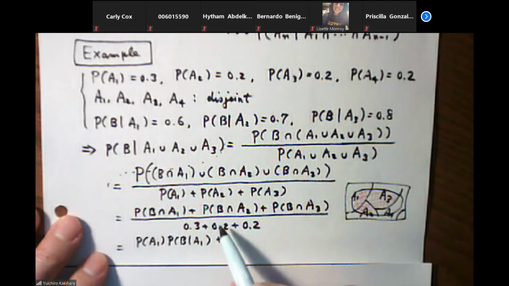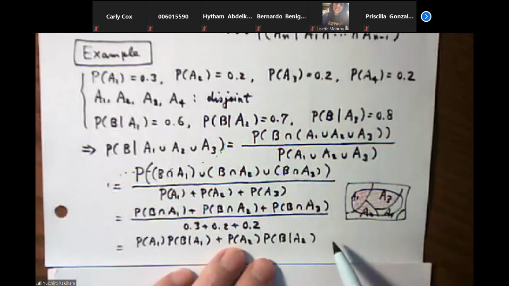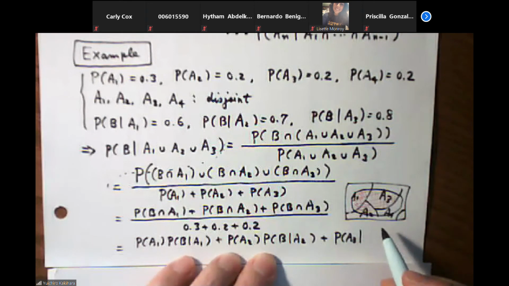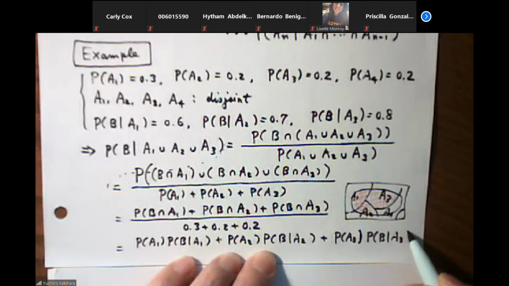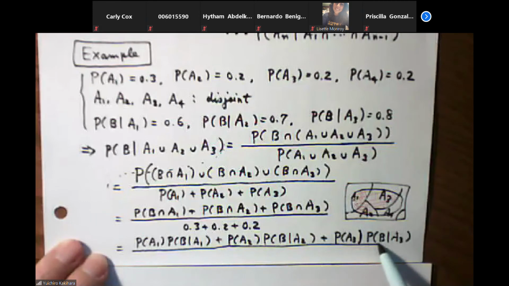And the second one, in the same way, P of A2 times P of B conditioned on A2. And the last one is the probability of A3 times B conditioned on A3. And this is divided by 0.7.